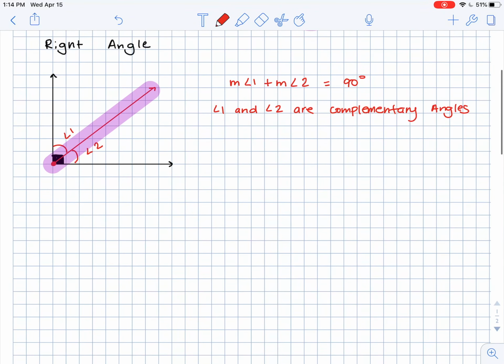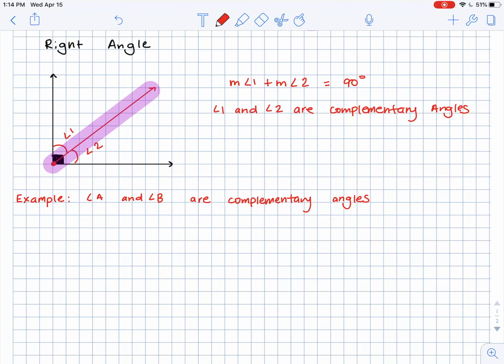For example, I could say angle A and angle B are complementary angles.